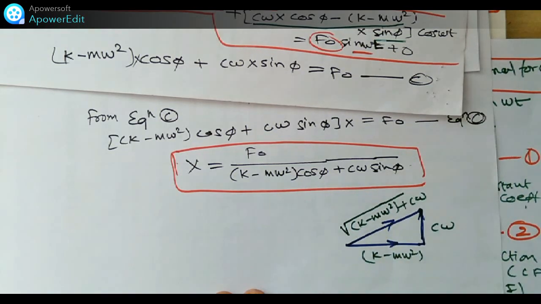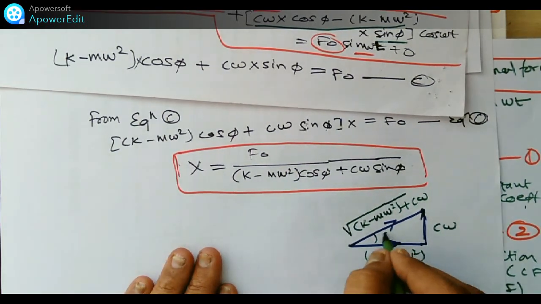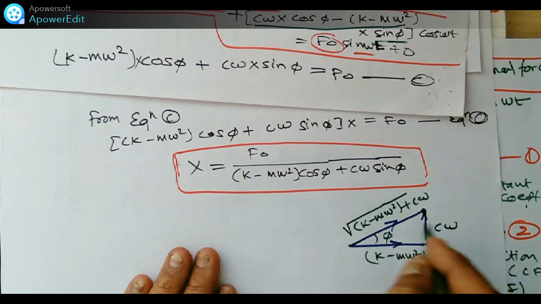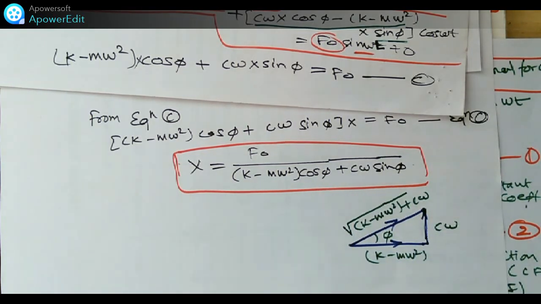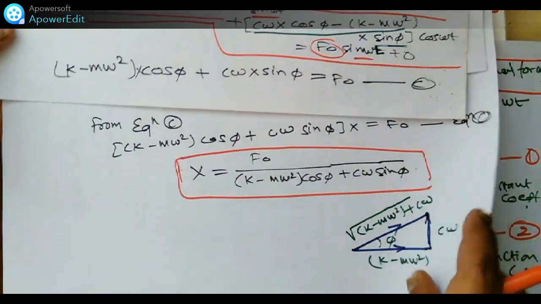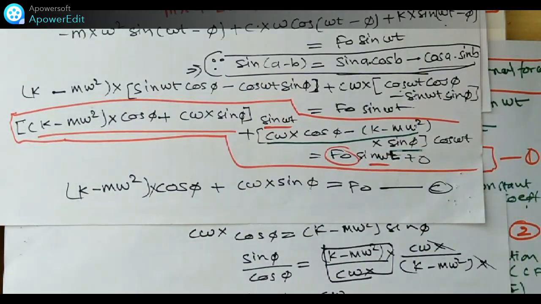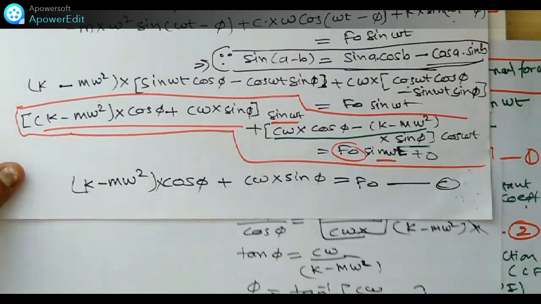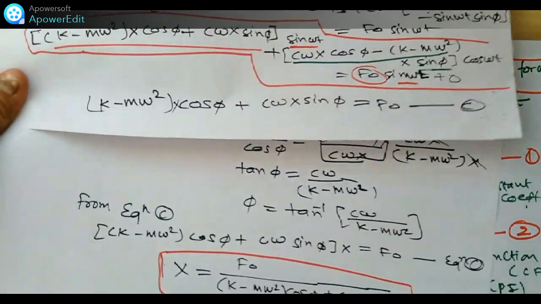Like this, this angle is phi. So this equation we can write like this also. From this also we can find out the value of sin phi, cos phi. Already we have obtained those values from that equation.